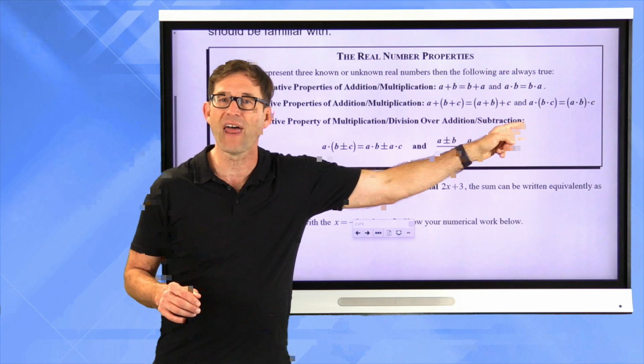So I can rewrite this expression as 3 times n plus 5, times n plus 5 plus 2. I'm just replacing 3n plus 15 with 3 times n plus 5 and n plus 7 with n plus 5 plus 2.